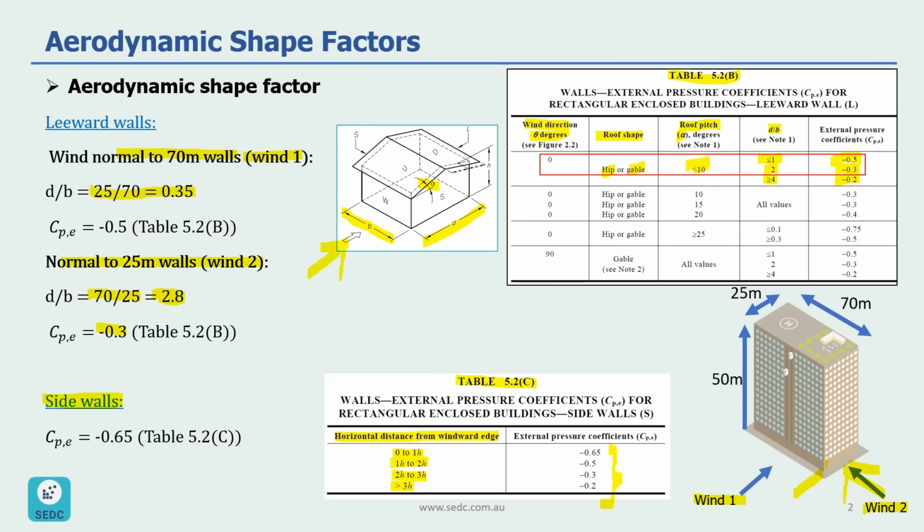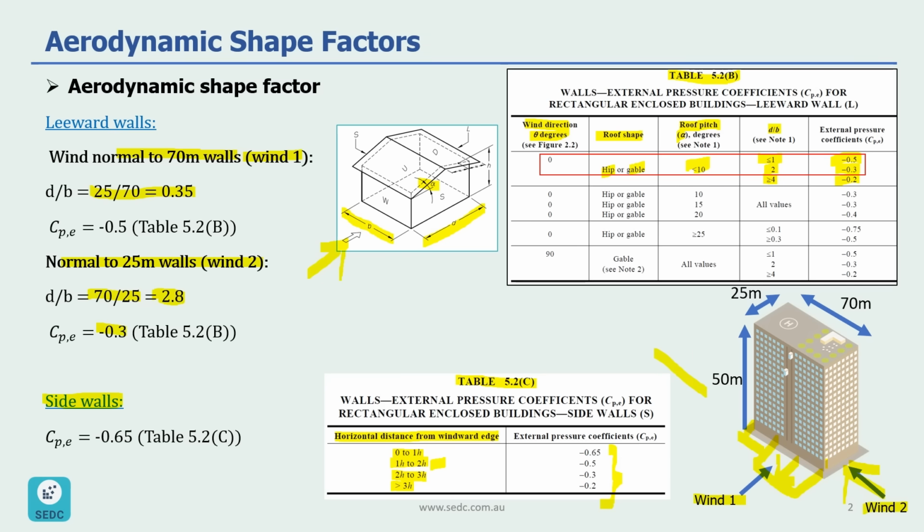So from here to 1h, it says our wind would be negative 0.65, and between 1h and 2h, our wind load would be a little less, and the factor would be negative 0.5. But we always have to be careful because the wind is not going to be only in one direction.